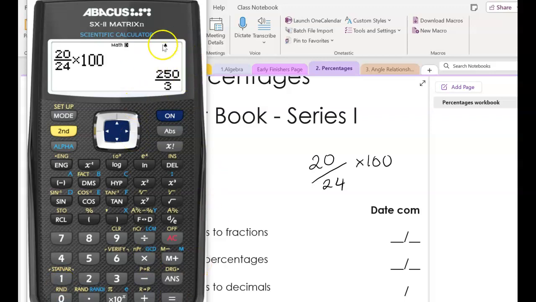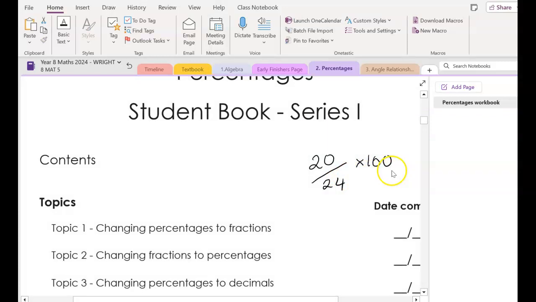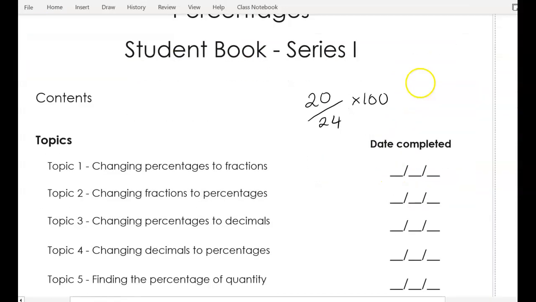Mine's come up as not a particularly nice value here, but what you can do on your calculator is press this button here, which is F arrow D, which changes our fraction to a decimal, and that works out to be 83.33333, which is 83.3%. And that's what the person who got that in the test got as a percentage. So 20 out of 24 on a test is 83.3%.